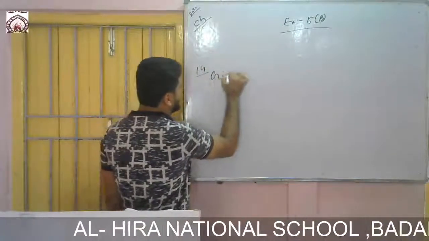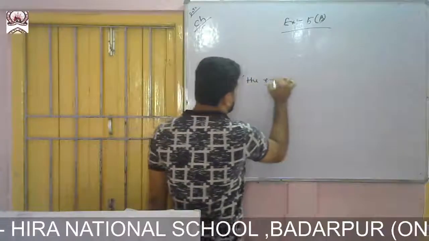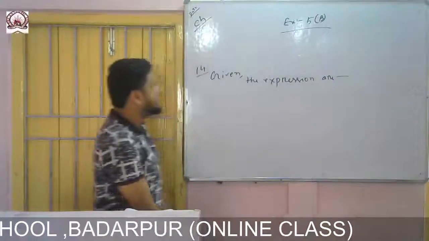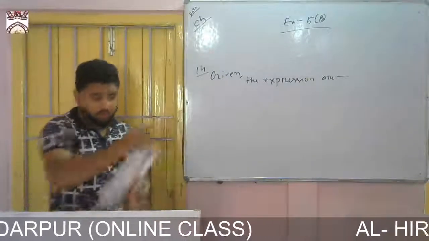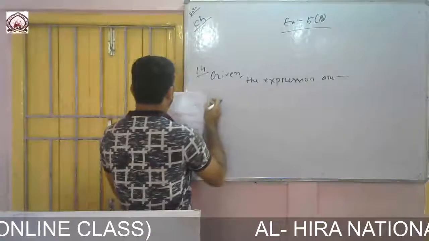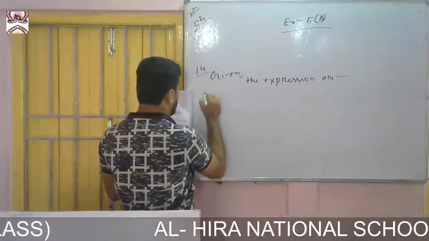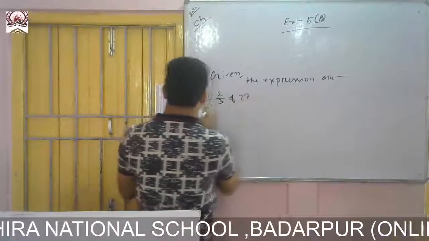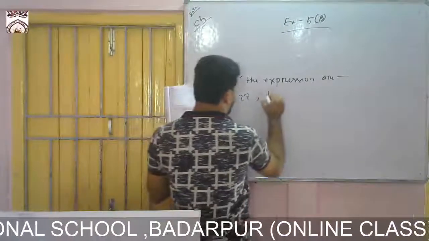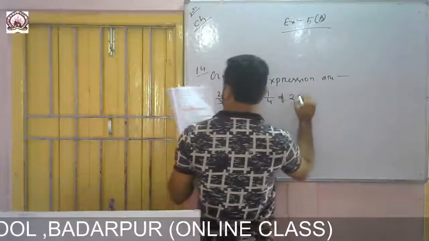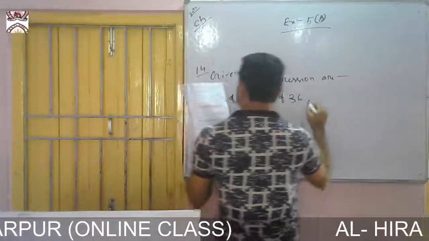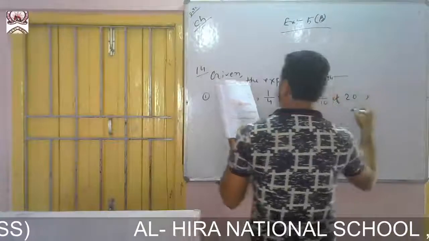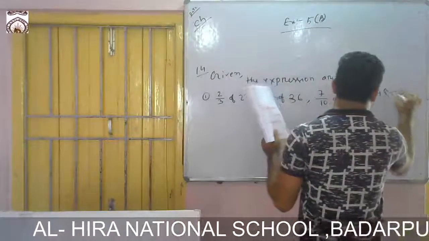Given the expressions: 2/3 of 27, comma, 1/4 of 36, comma, 7/10 of 20, comma, 48 divided by 3.